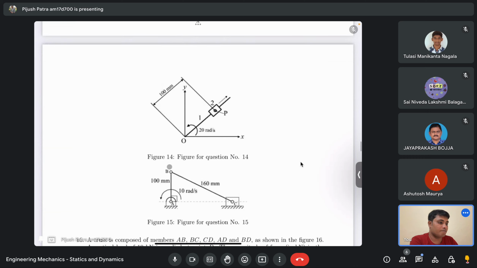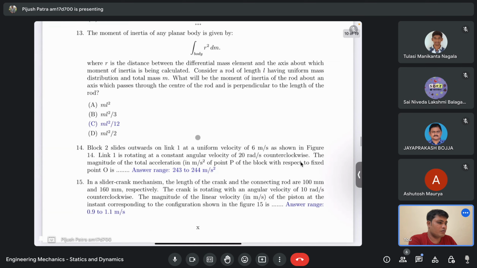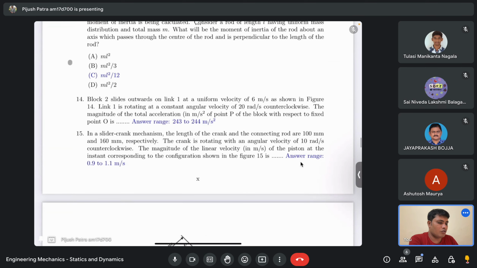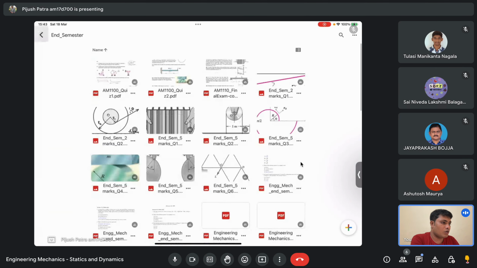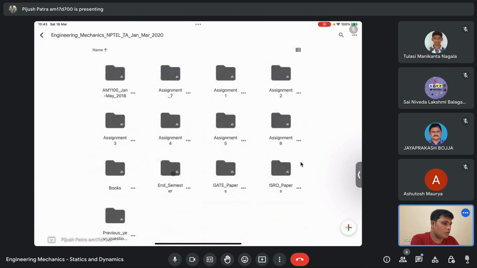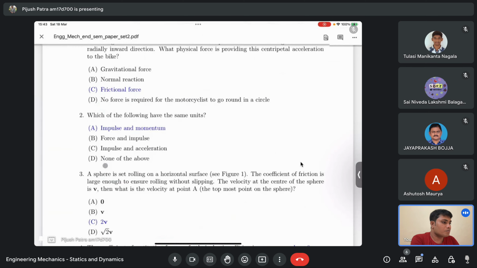Again, this problem is also important, which is the Coriolis component of the acceleration. Did I talk about it? Yes or no? That should be there, the Coriolis component of the force. So let me first go through that and then go through the question which I wanted to tell you.